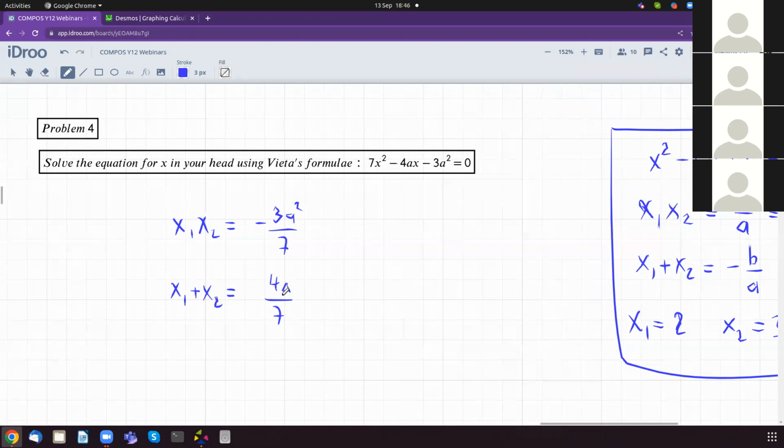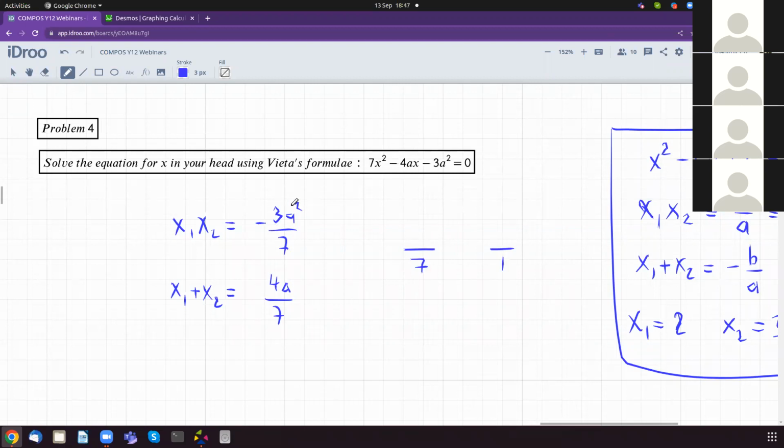So when you add them, it gives you 4a over 7, and when you multiply them, it's minus 3a squared over 7. Any suggestions what x1 and x2 can be? Don't worry about the signs. Something over 7 and something over 1. True. Something over 7 and something over 1.